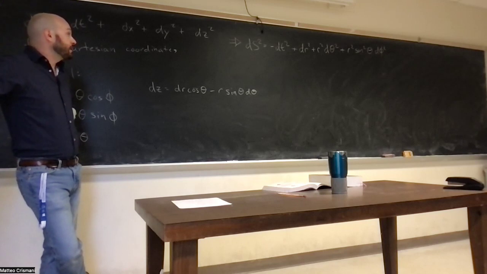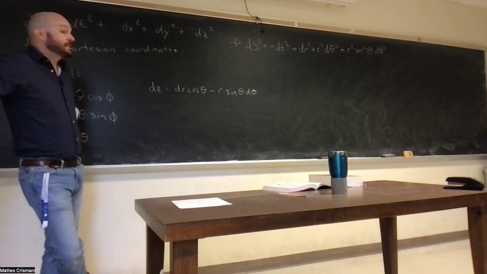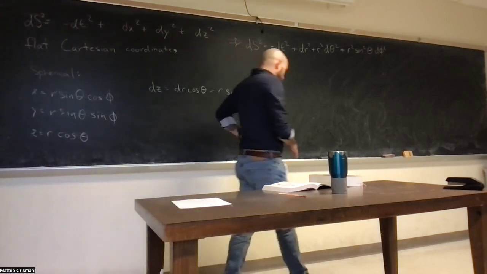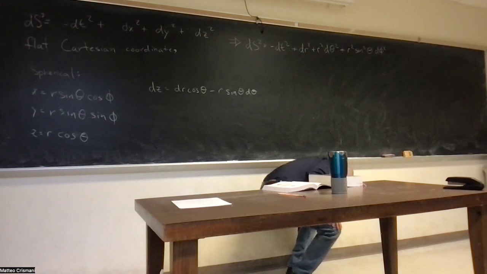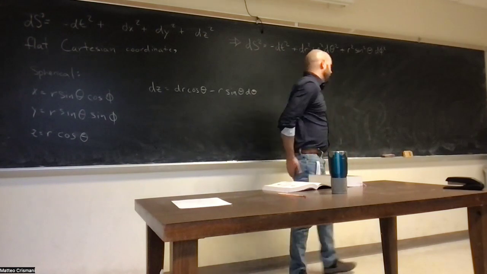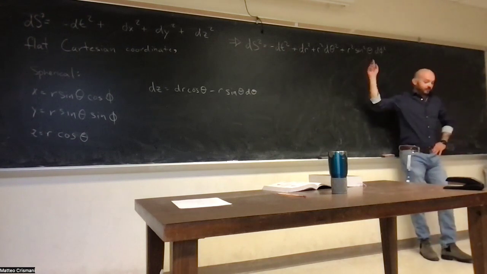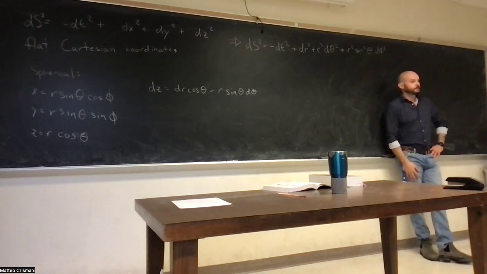And ds squared here has, there's a transformation essentially. So I've gone from one coordinate system to another coordinate system. Okay, so let me ask you a question. Does this describe flat spacetime? Why, yes. It's still the same space. Because it's still the same space.